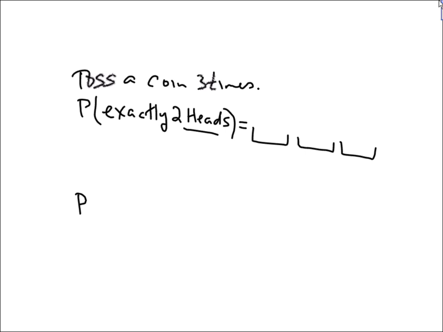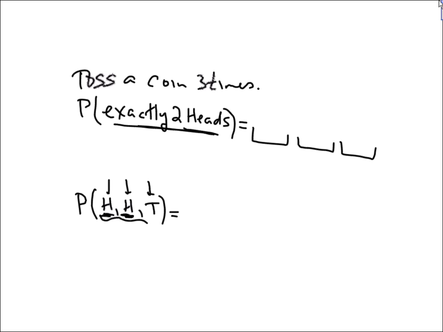Now, what's the probability, say, of getting a head, and then a head, and then a tail? Well, this is a favorable outcome for exactly 2 heads, because I have exactly 2 heads out of 3 tosses. The first value I write down is the result of the first toss, namely a head.